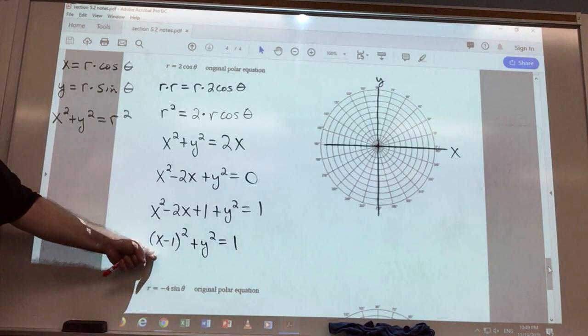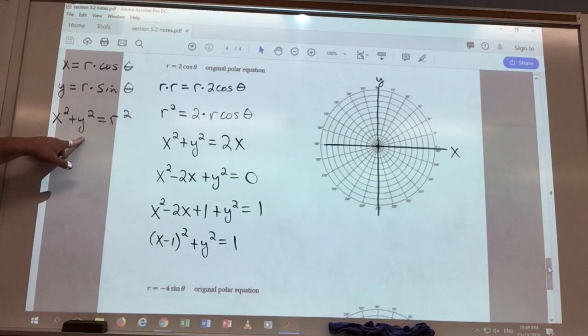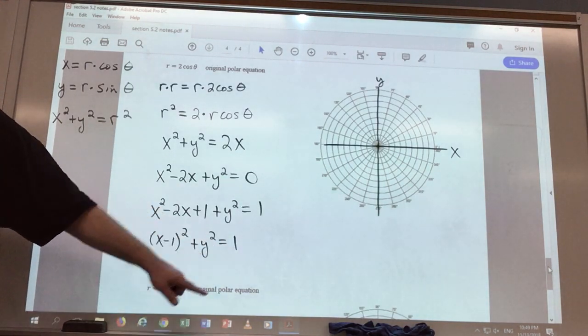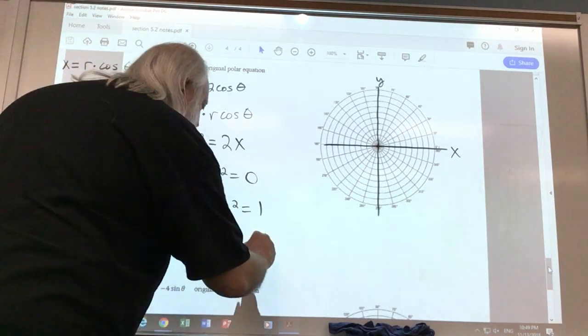Well, you may recognize this is the equation of a circle, right? Similar to x squared plus y squared on the left, except x is replaced with x minus 1. And r squared is equal to 1 squared. So this is the equation of a circle.